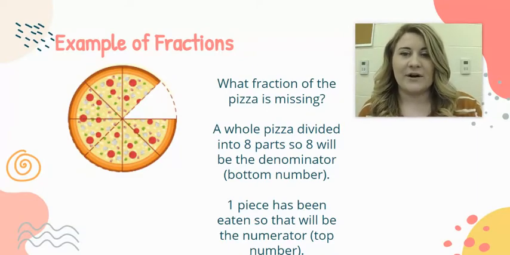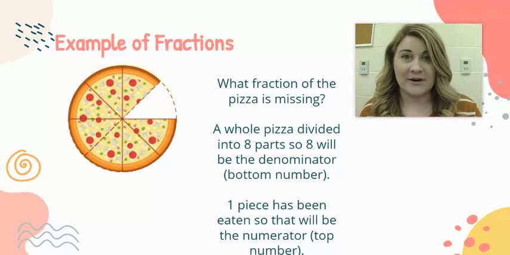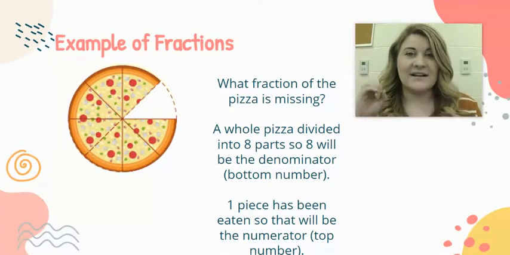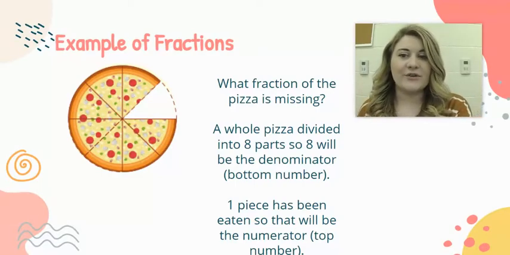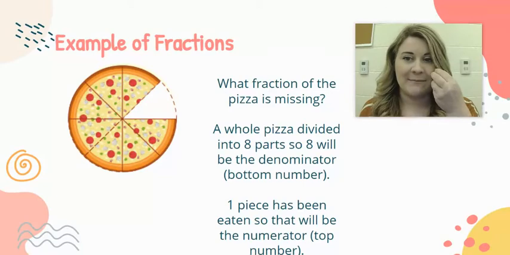The first thing we are going to do is figure out that fraction. So to find the denominator, which is the bottom number, because D for down, denominator down, this goes under the fraction bar, is going to be the total number of pieces we cut this pizza up into.